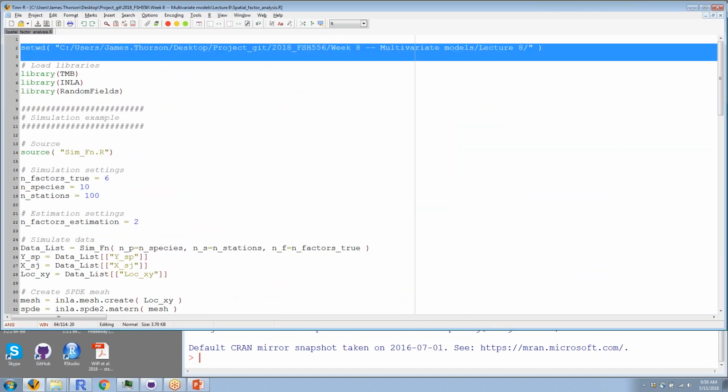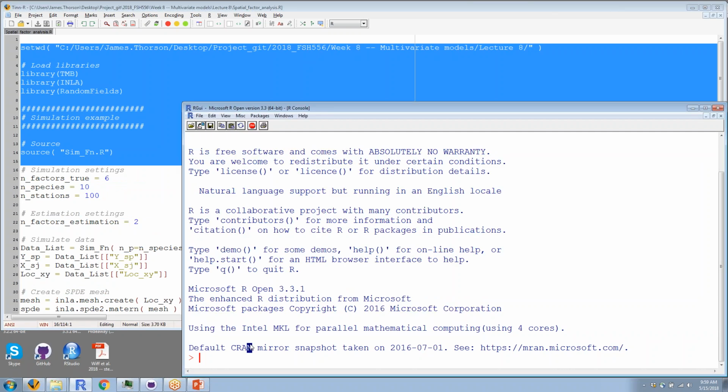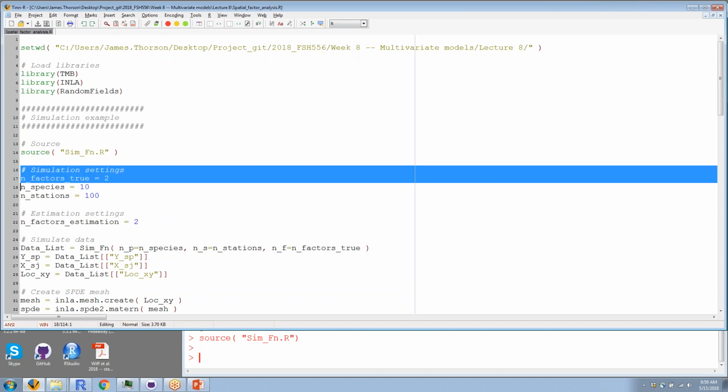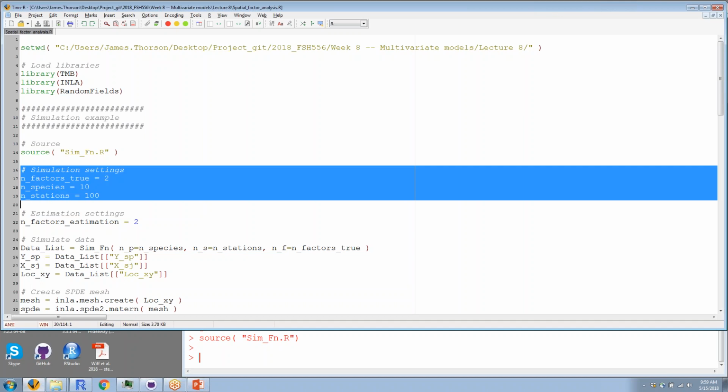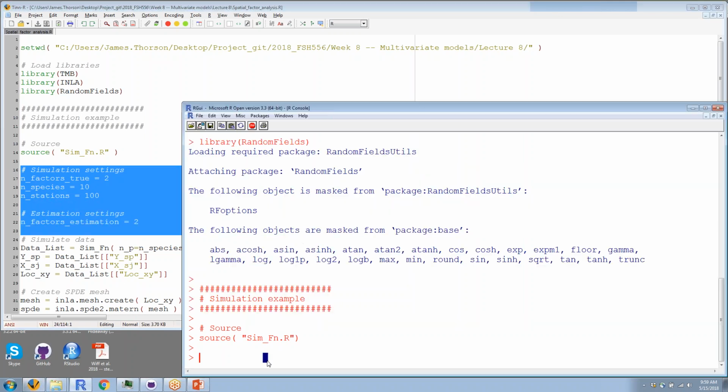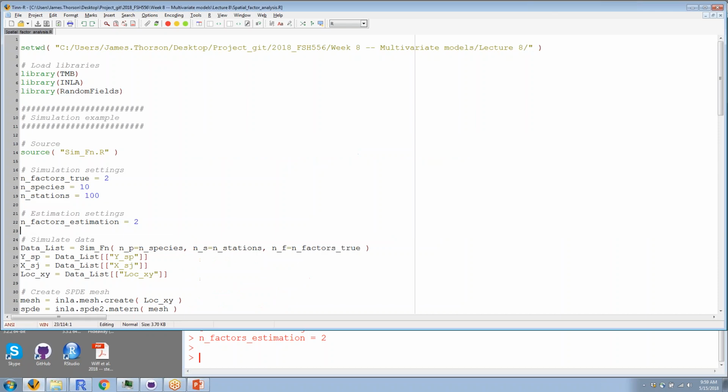So, I'm just loading a simulator function from SimFun, and in this case, I'm going to simulate 10 species with 2 factors, and I'm going to estimate 2 factors just to make it an easy problem.